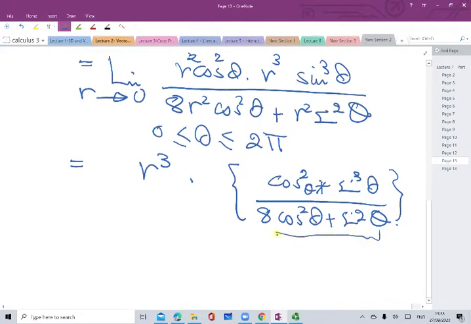Now this actually will never, for theta from 0 to pi, actually it is bounded and it is not equal to 0.